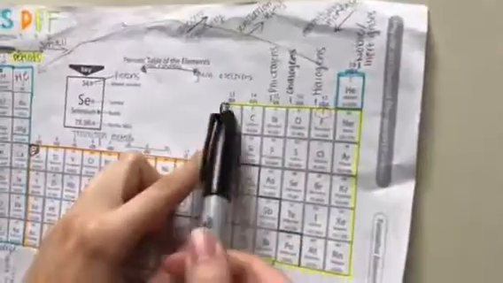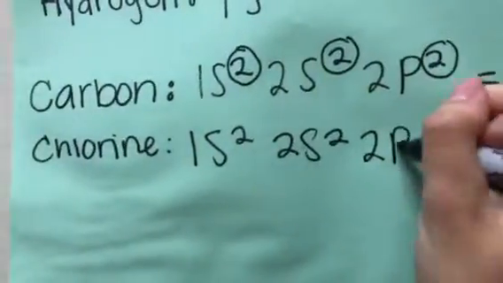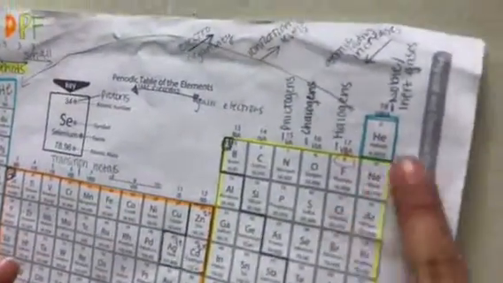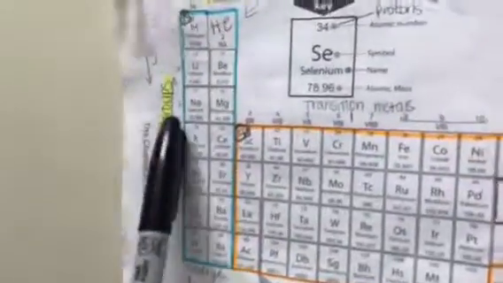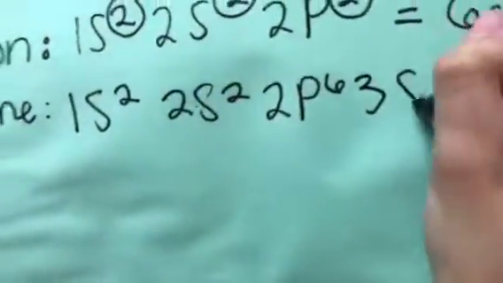So we're going to go 2p1, 2, 3, 4, 5, 6. Remember, chlorine is 17, so you still have more to go after neon. So we're going to slide all the way down here to 3s2 because we finished that block, or that row.